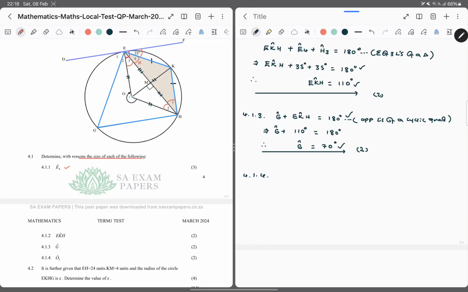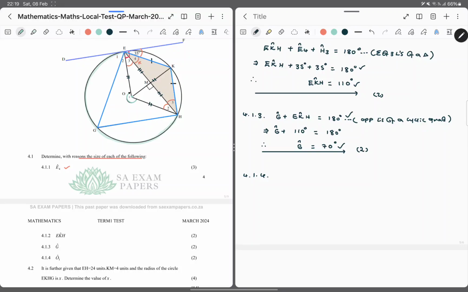4.1.4. We want angle O1. Now angle O1 is this angle right here. This is the angle at center subtended by arc, essentially EH, right? It's a reflex angle.